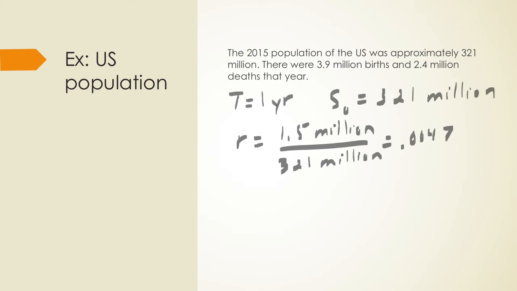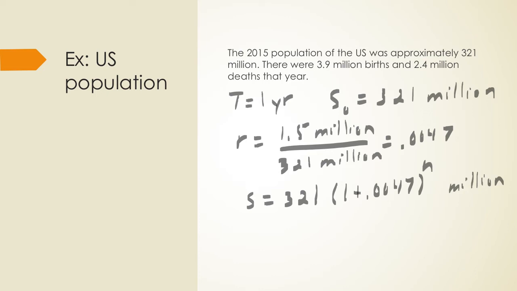From this information, we can create an exponential model. S is equal to 321 times (1 plus 0.0047), all to the n, million people. And this gives us the estimated population n years after 2015.